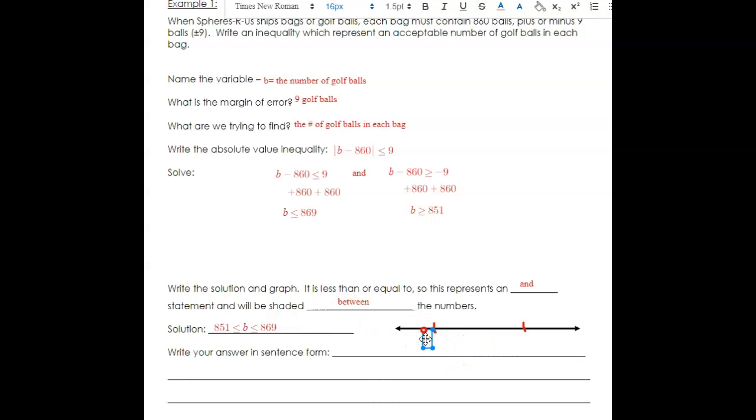The first one is 851. The second one is 869. The symbols are less than or equal to symbols, so there should be closed points here. And because this is an and inequality, we should be shading between.